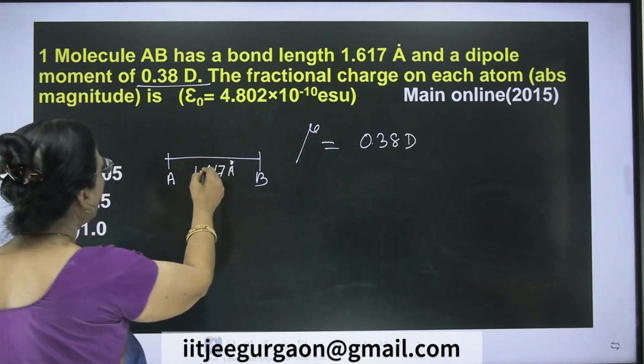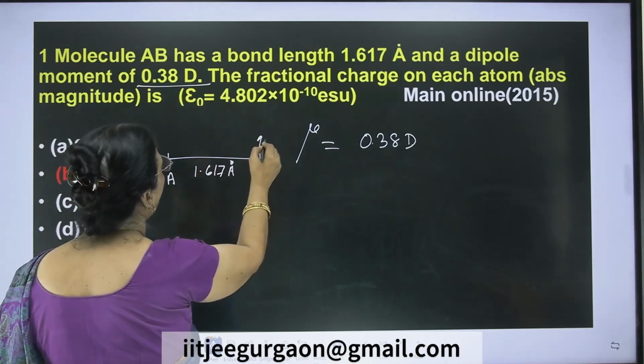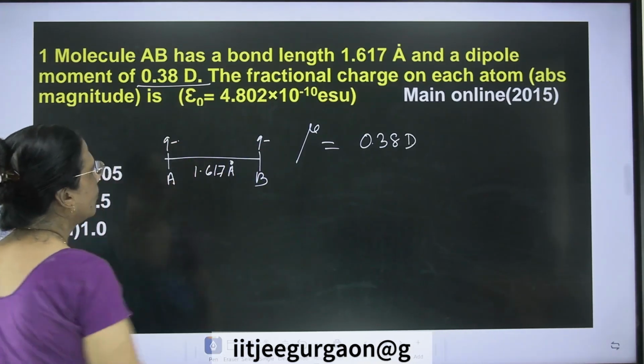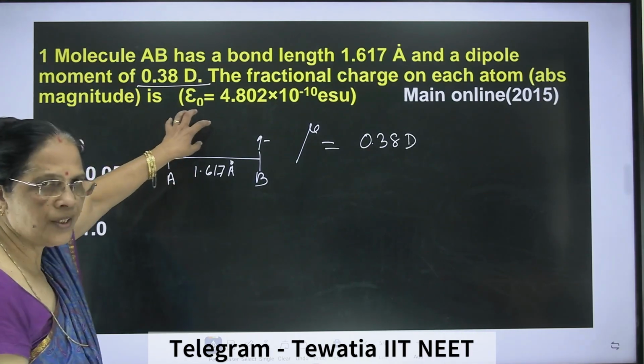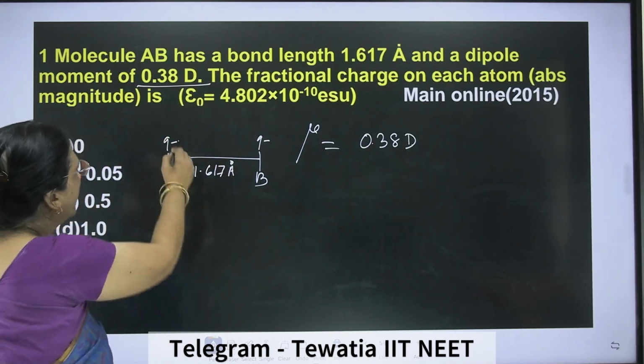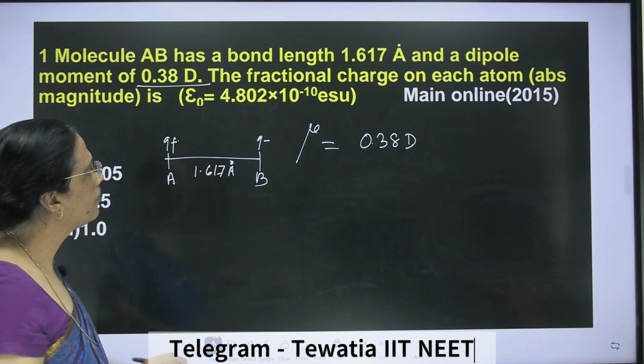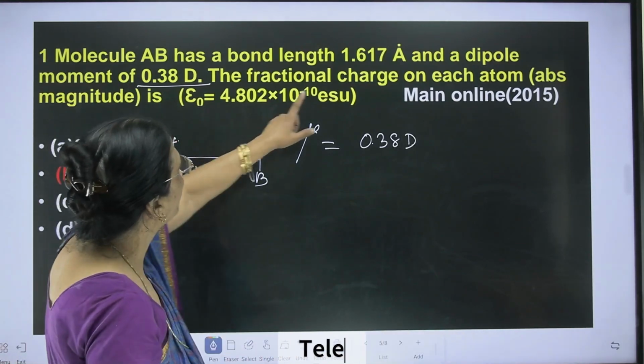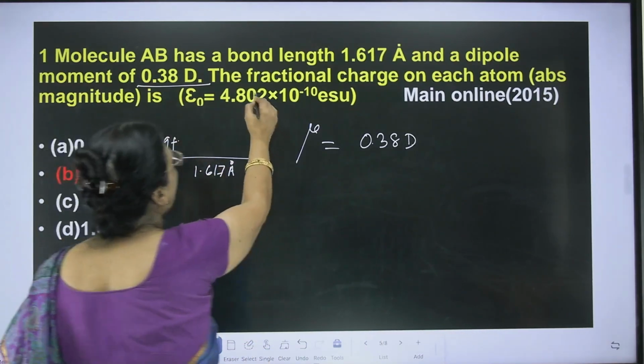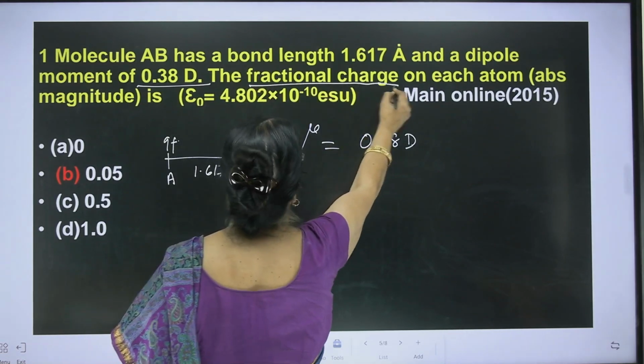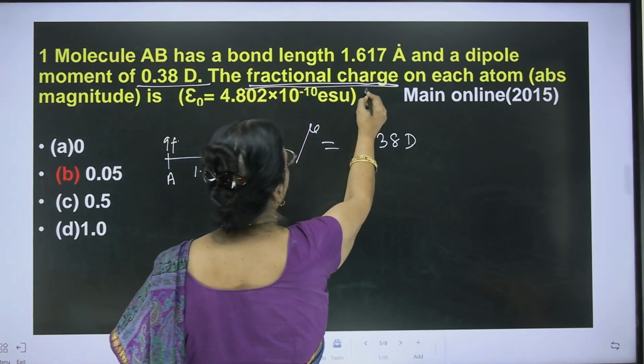This is your Q minus, this is your Q plus. This is called the partial charge, Q plus, Q minus, and the fractional charge. You see the difference, the fractional charge has been asked.